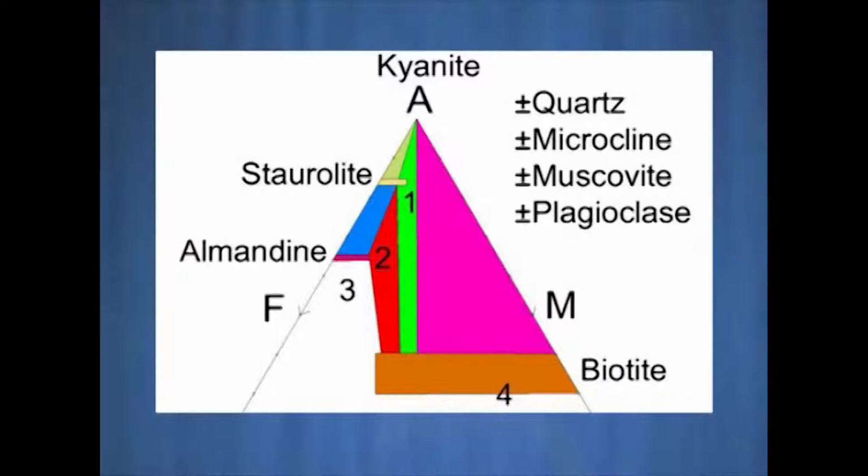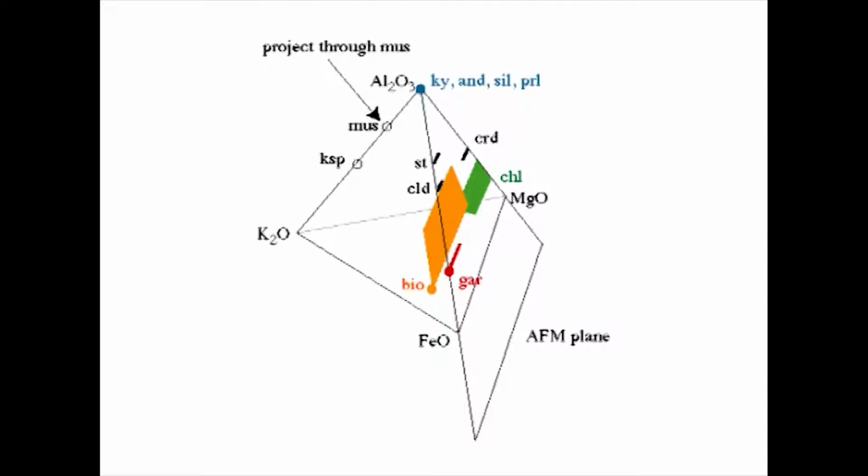metamorphism. These rocks contain muscovite, to cover the variation in muscovite bearing schists. Thompson in 1957 developed a projection based upon a tetrahedral plot of the four components A equal to Al2O3, K equal to K2O, F equal to FeO, MnO and M equal to MgO.